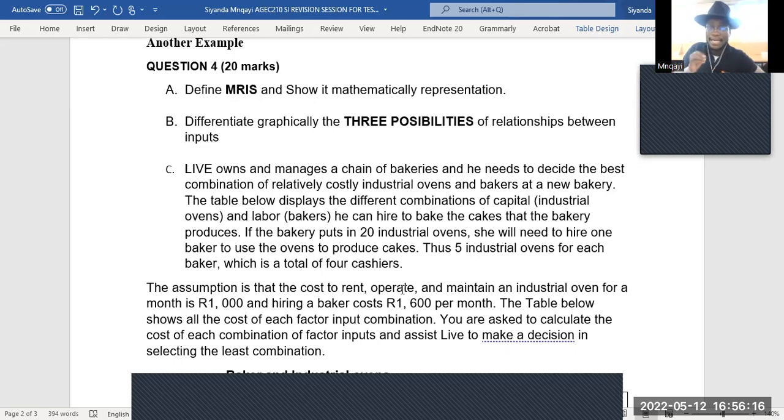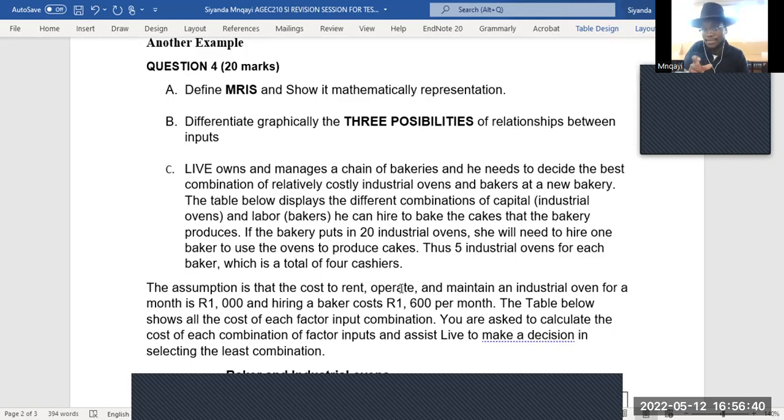If the bakery puts 20 industrial ovens, she will need to hire one baker to use the oven to produce the cakes. In this case that's 5 industrial ovens for each baker, which is a total of 4 bakers.